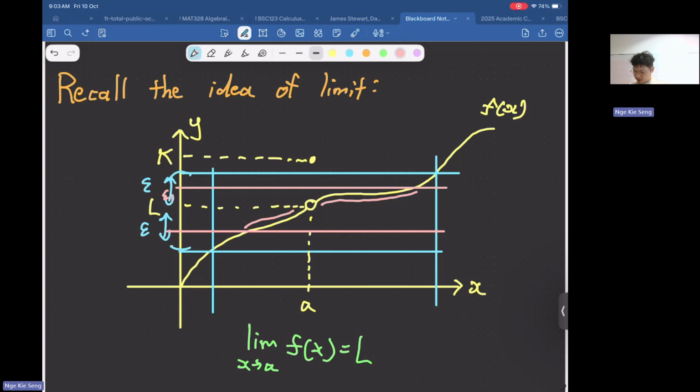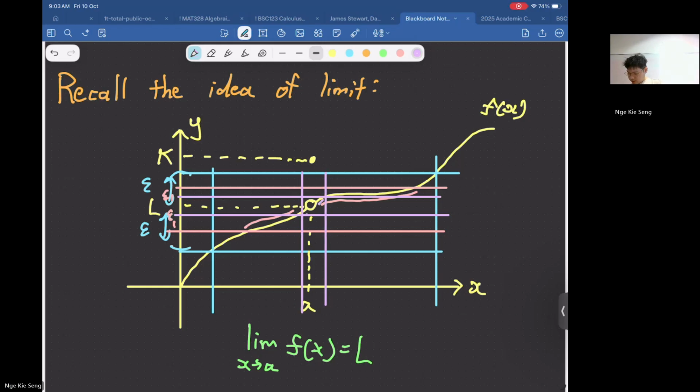You can pick even smaller region, and if you pick a smaller region, you will still find f(x) close to L.